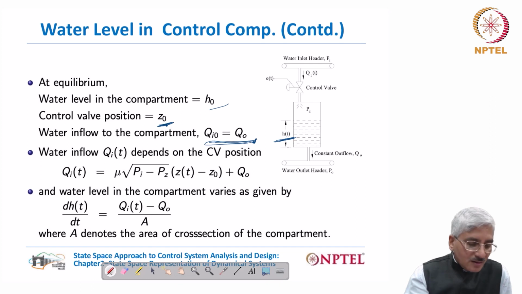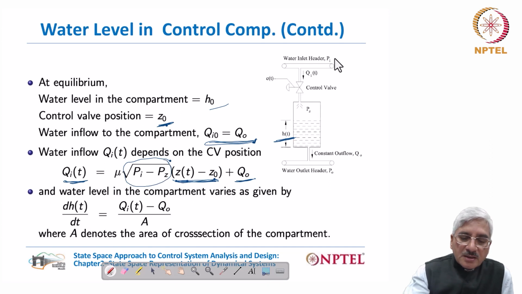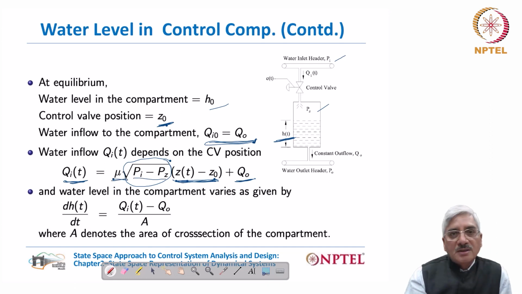So what will happen is that Qi, the time dependent inflow, will be Q0 plus a constant of proportionality times Z(t) minus Z0, the valve displacement relative to its equilibrium position, multiplied by the square root of the pressure difference Pi minus Pz.